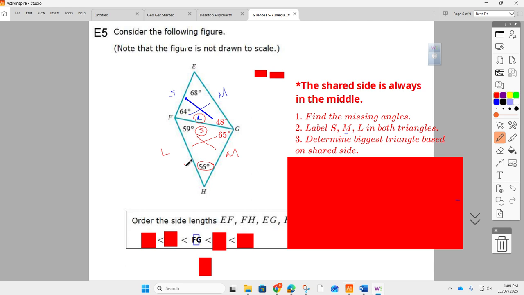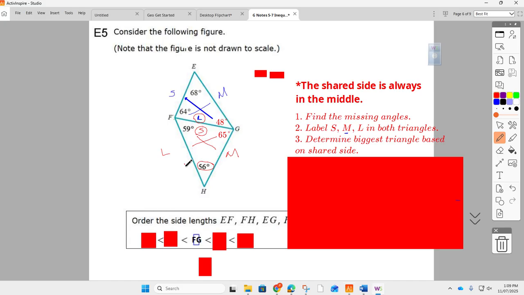So let's look. Let's say these are those two triangles, but I just pulled them apart. This is FG, I pulled it apart. And I gave FG a length. It doesn't matter what it is. If FG is 20, it's 20 in both triangles. So this is the longest side.